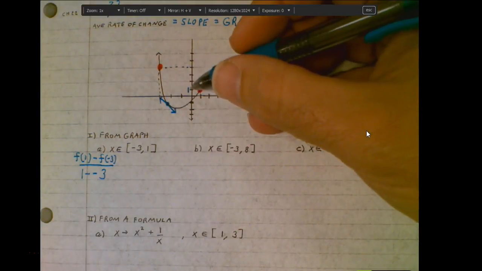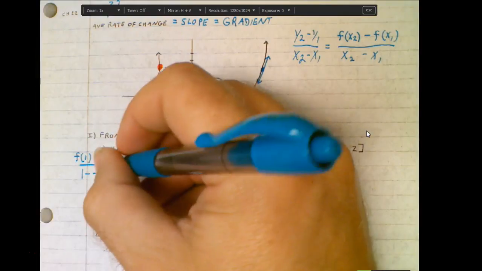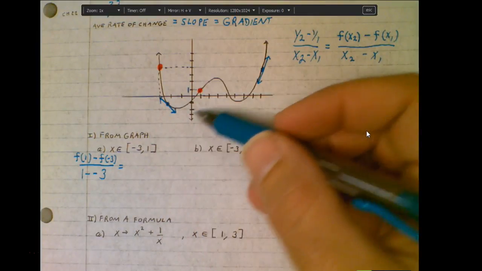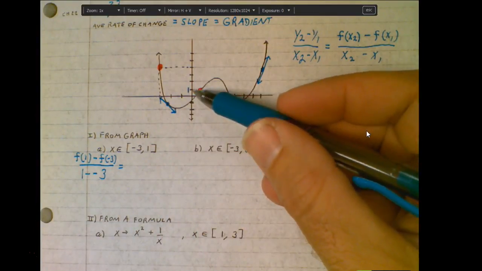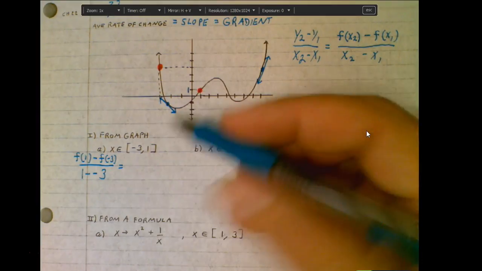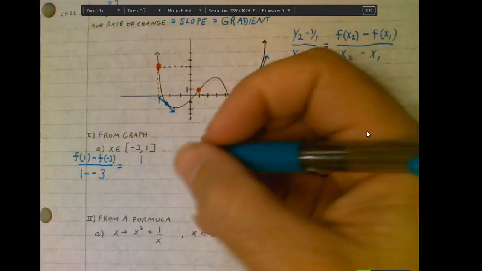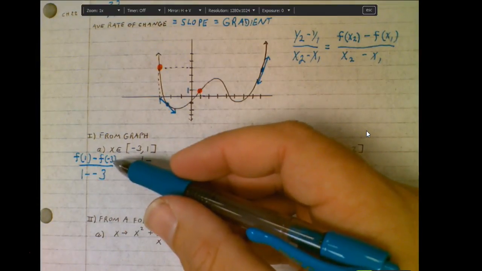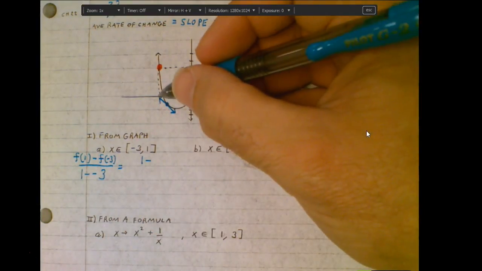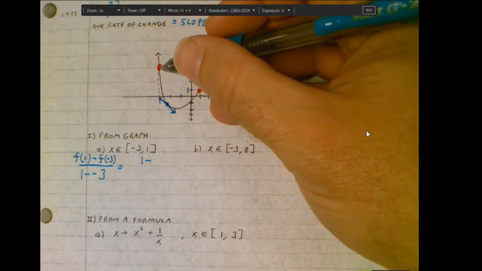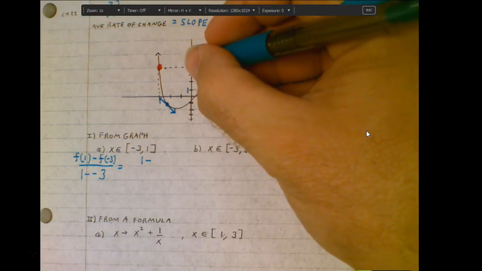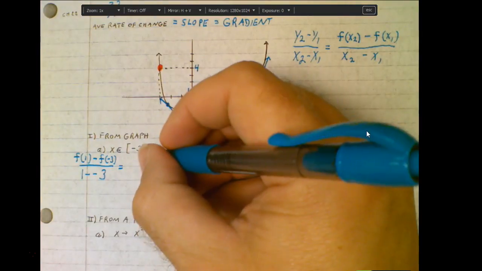Well, we get a positive 1 as our y value. So when I plugged in a 1 into the function for x, my result was positive 1. So that's the y value. When I plug negative 3 into the function, so here's negative 3, when I plug that into the function, I come out with 4 as my y value.